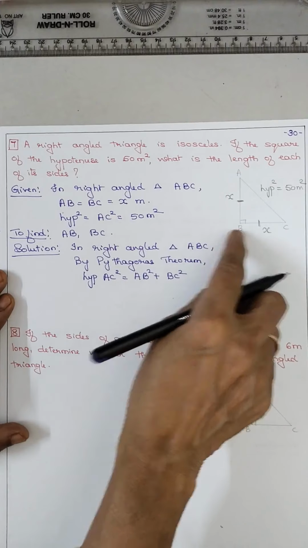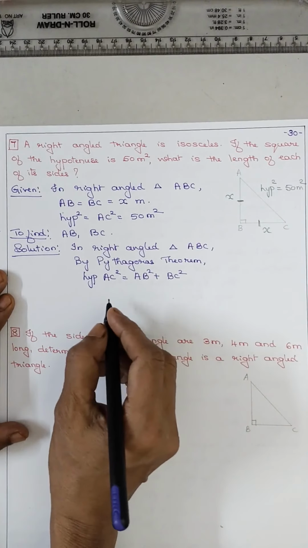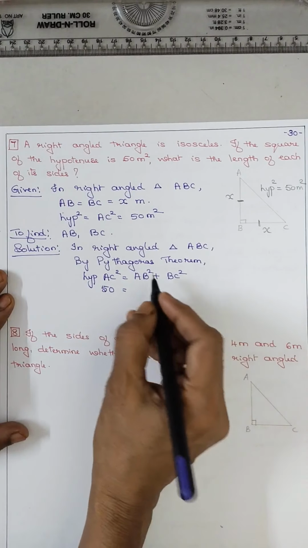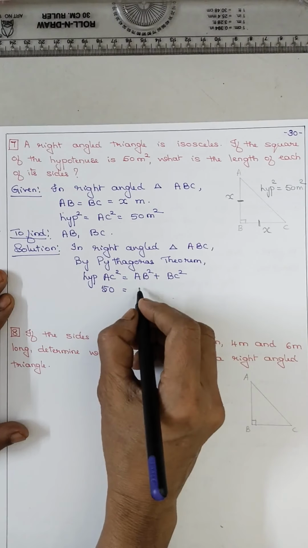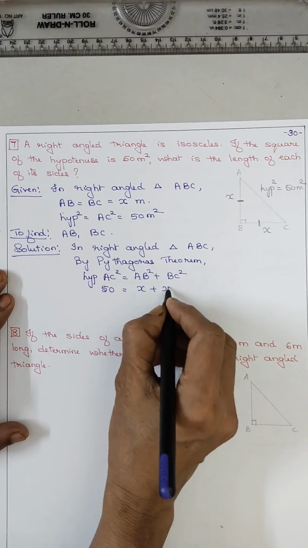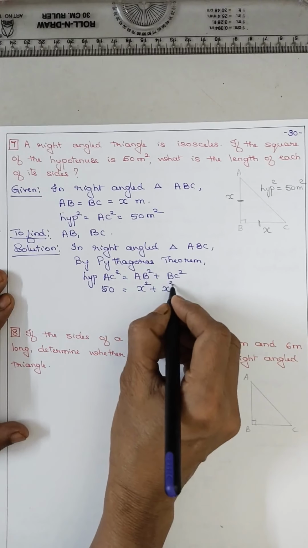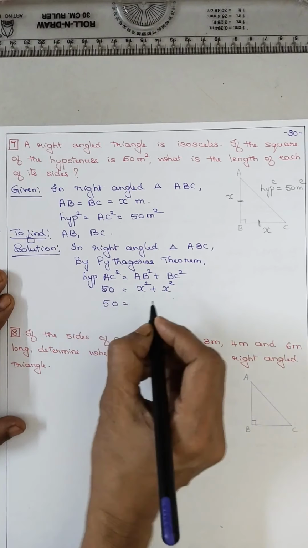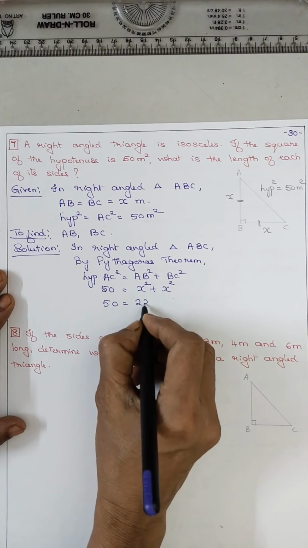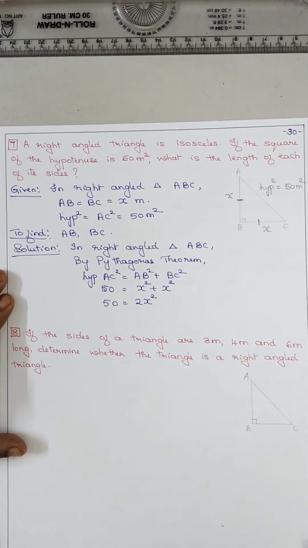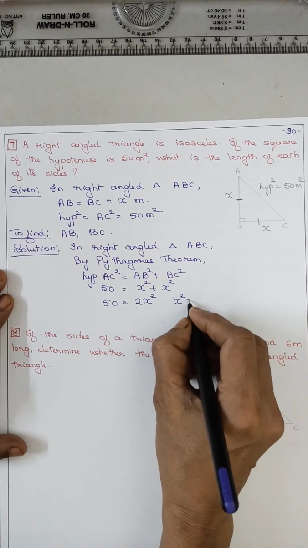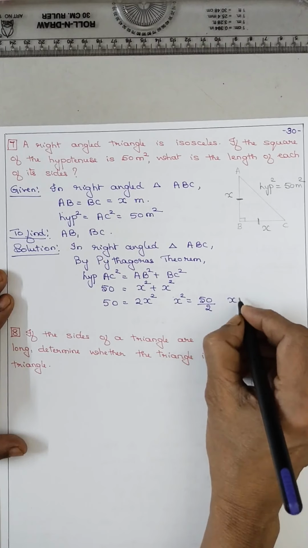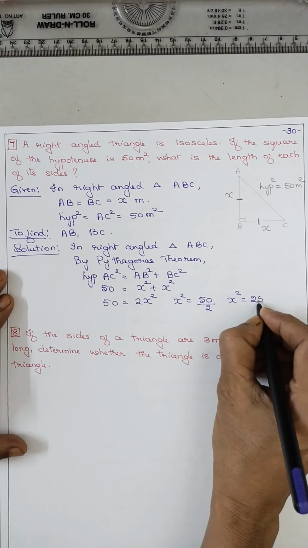Square already is given 50. AB and BC we have taken as x, but it is x square, x square. So you got 50 is equal to x squared plus x squared, 2x squared. So x squared is equal to 50 by 2. So x squared is equal to 25.